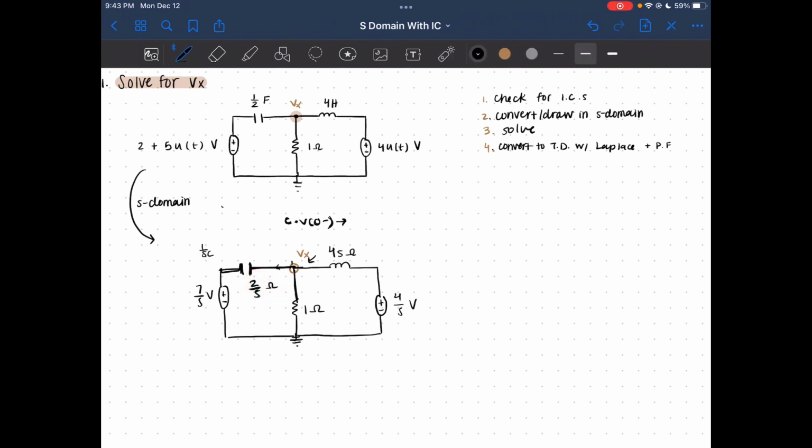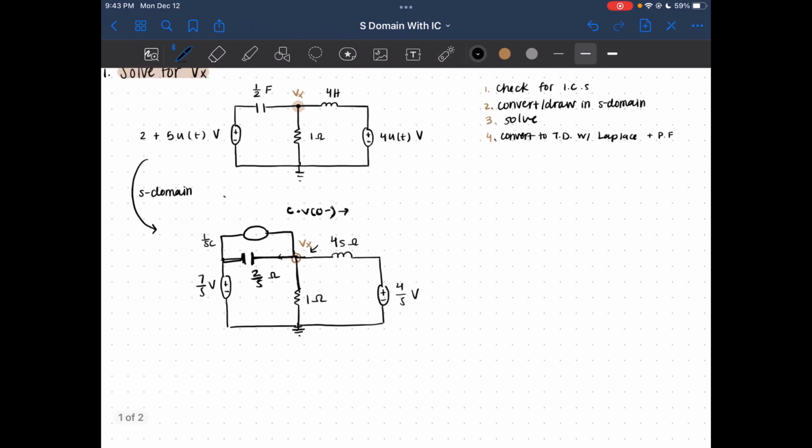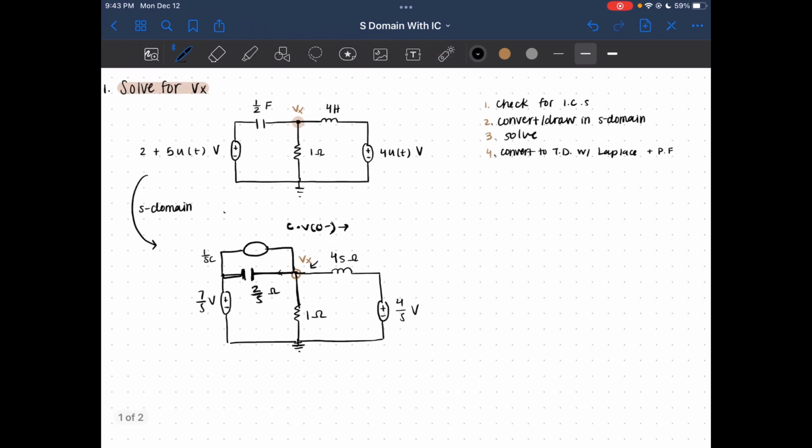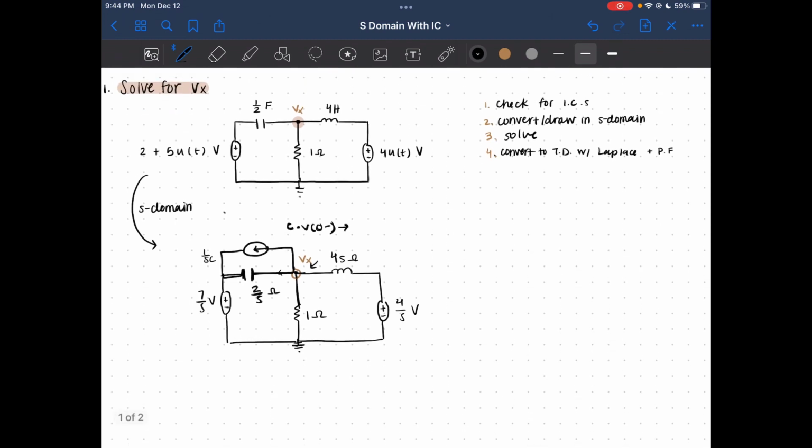Now for the purposes of this video, we will include our initial condition in parallel. When including our initial condition in parallel with our capacitor, this will result in current flowing in this direction, and the equation for this is C times v(0-).